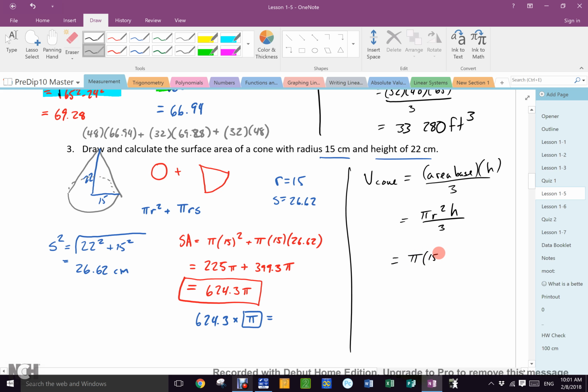Pi 15 squared. H was what? 22. All divided by 3, yes? So you go to your calculator and you do that math. What does it equal? 1,650 pi centimeters cubed.